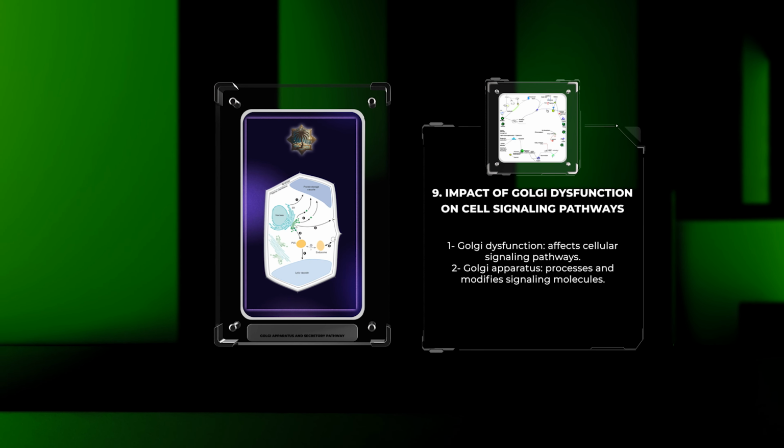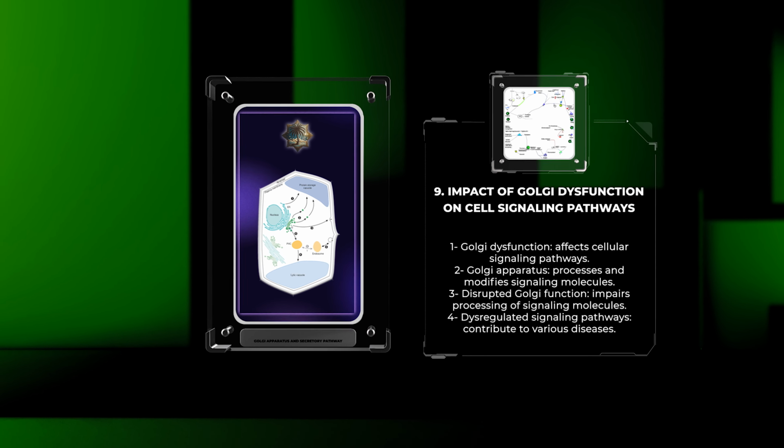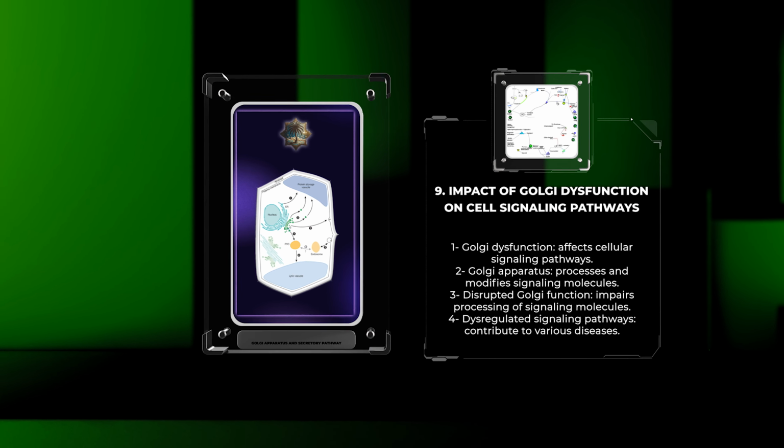Golgi dysfunction, resulting from genetic mutations, environmental factors, or disease conditions, can have profound effects on cellular signaling pathways. The Golgi apparatus acts as a crucial signaling hub by processing and modifying various signaling molecules, including growth factors, receptors, and enzymes.